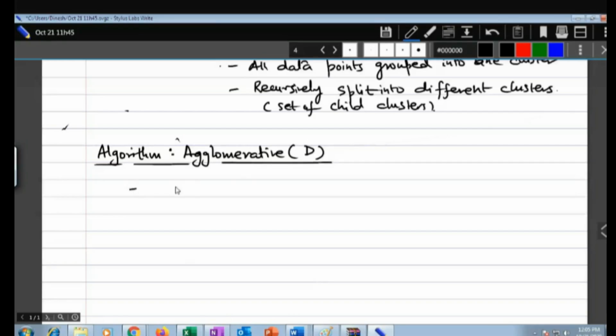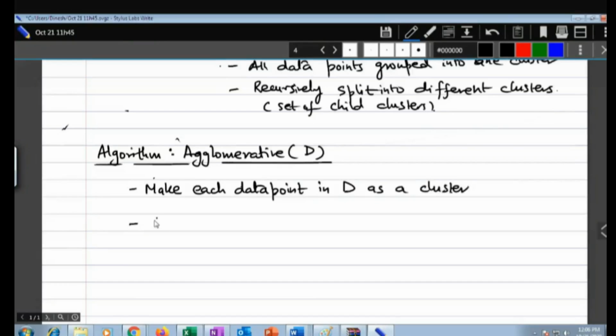So this is the agglomerative algorithm. Let me write the steps. First of all, make each data point in D a cluster. So every data point in D will be treated as a cluster.